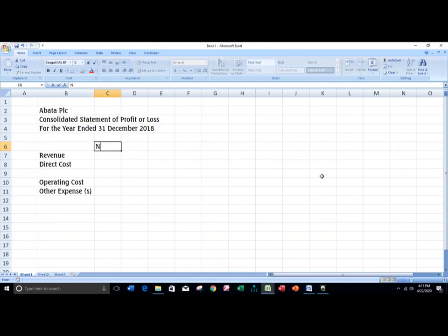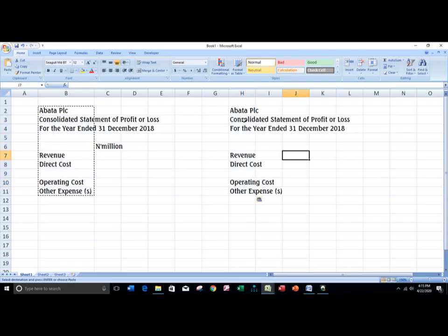So I'll say naira, all figures are in millions. Don't forget, it's very important to understand this. So I'm going to bring small figures here. I will also do the same for the consolidated statement of financial position.